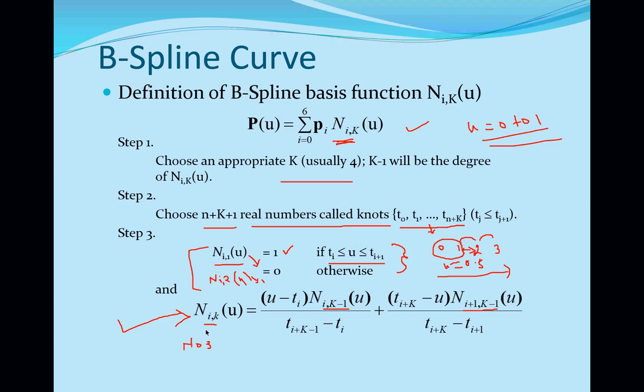So I go recursively again: k becomes 2, i is 0, so N 0,2. Recursively, how do I find N 0,2? It depends on N 0,1 and N 1,0. I continue till I reach the value where I send back N 1,0 and recalculate, and fetch up this N 0,3 polynomial.